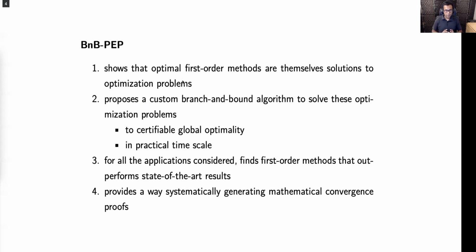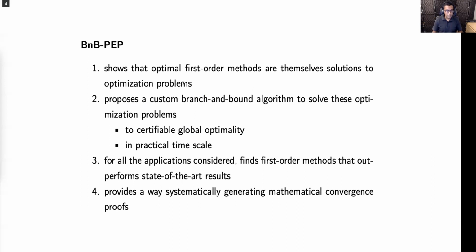BnB-PEP will find the fastest method, and in the process, the optimization problem that we are interested in solving will be solved to certifiable global optimality by our custom branch and bound algorithm. Not only that, we can do it in a practical timescale.